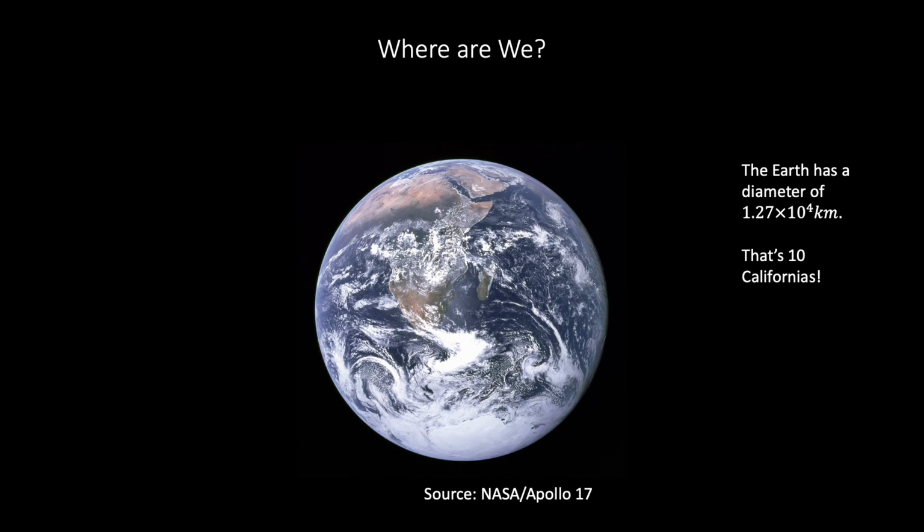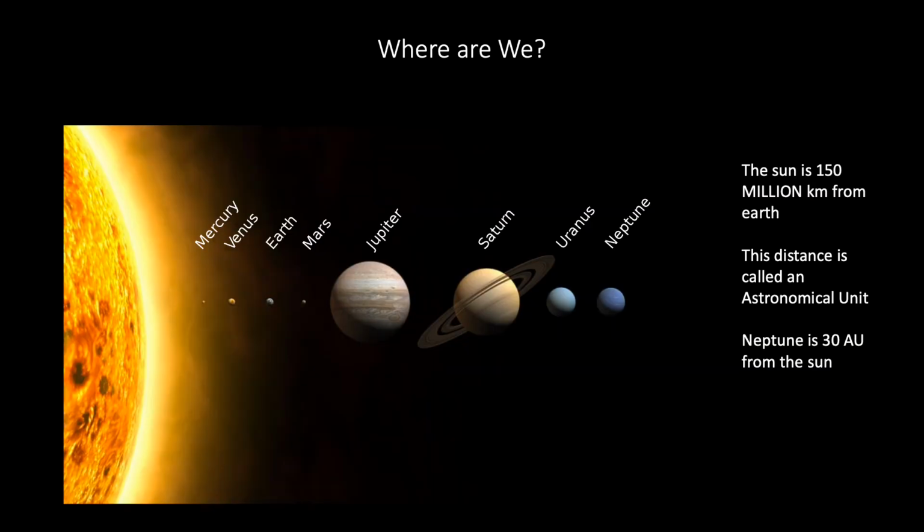All right, so from Earth to the sun, it's actually 150 million kilometers. 150 million. So 1 million is 10 to the 6, but this is 150 million. So this is 1.5 times 10 to the 8. California was 1.2 times 10 to the 3. So this is 5 orders of magnitude bigger.